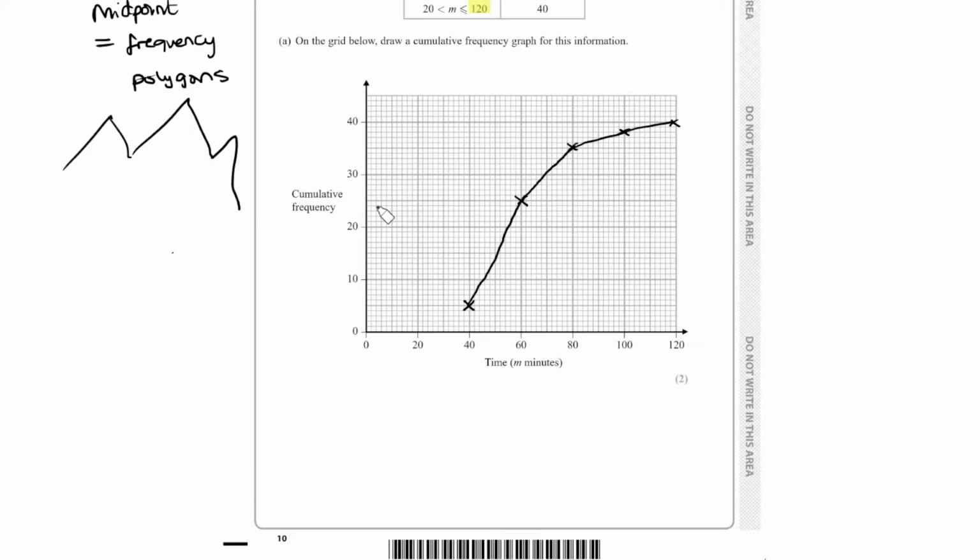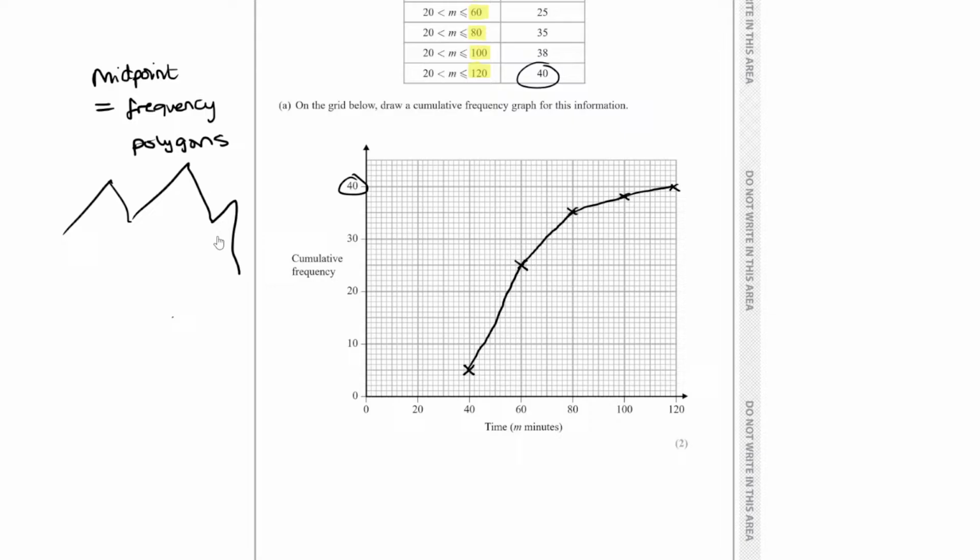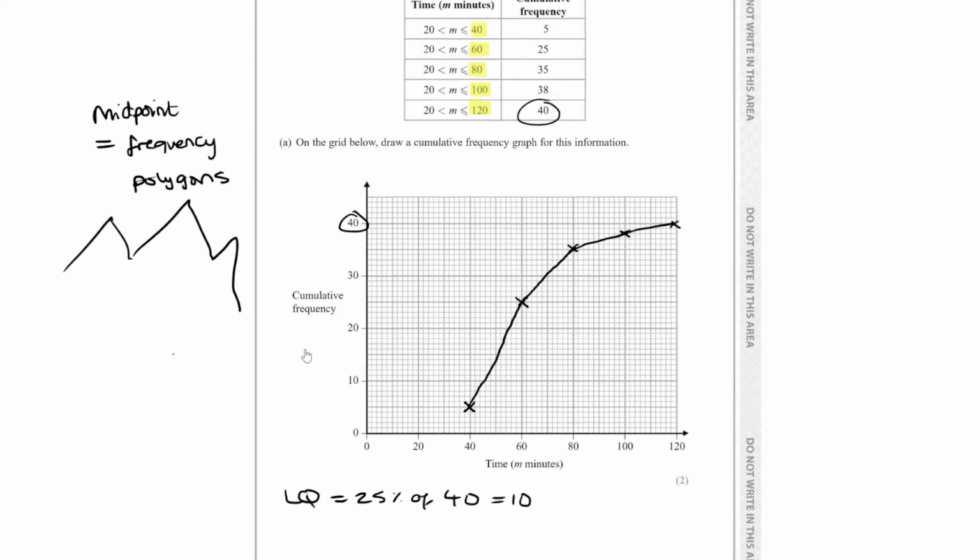Median is the 50%, the middle of the y-axis. Now, the total was 40, wasn't it? Remember from our table, it was 40. So I'm thinking, what is 1/4 and what is 3/4 of 40? And then I'll draw lines across there. So, for example, the lower quartile is, you don't have to write this, I'm just over-explaining it, 25% or 1/4 of 40, which is obviously 10. So that's, in this case, what was the context? I can't even remember what the context was.